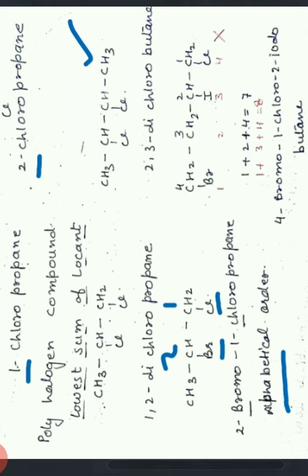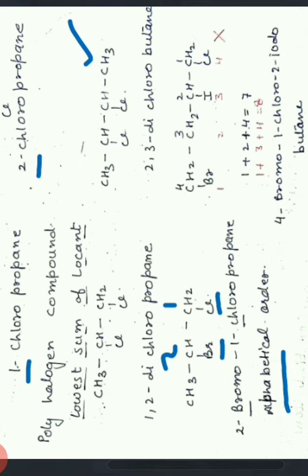Next we come to the other compound, which is written on the right hand side. Here you see there are 3 different halogen atoms: chlorine, iodine and bromine. Now I have numbered it, one with the black pen and the other with the red pen. In the black pen numbering, the sum of locants comes out to be 7. But the second way, if you wish to number it like that, the sum of locants comes out to be 8.